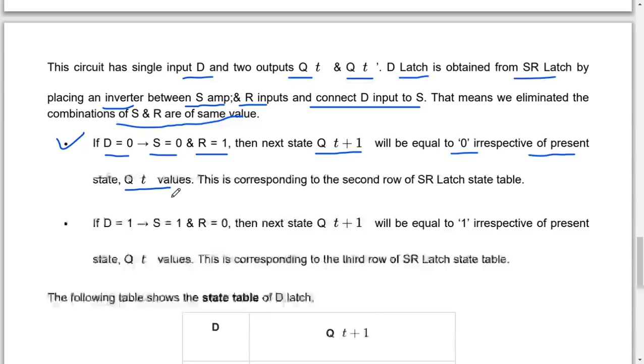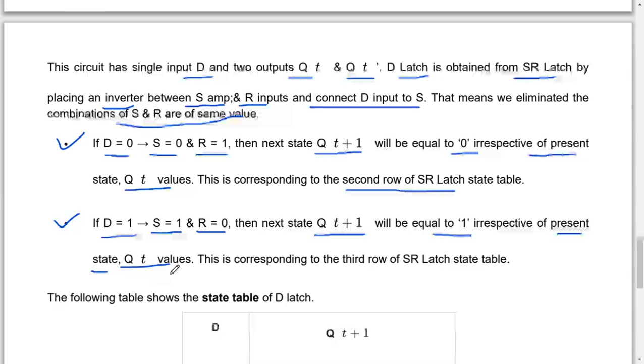This corresponds to the second row of the SR latch state table. If D equal to 1, S equal to 1 and R equal to 0, then next state QT plus 1 will be equal to 1 irrespective of present state QT values. This corresponds to the third row of the SR latch state table.